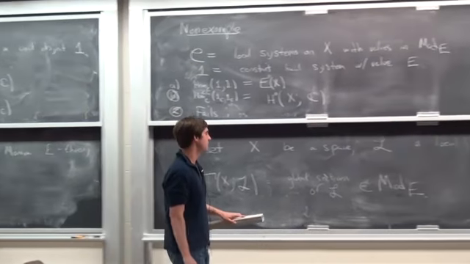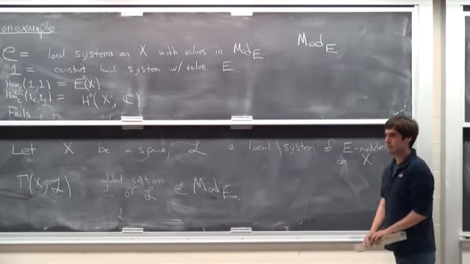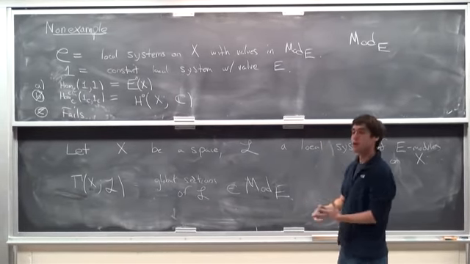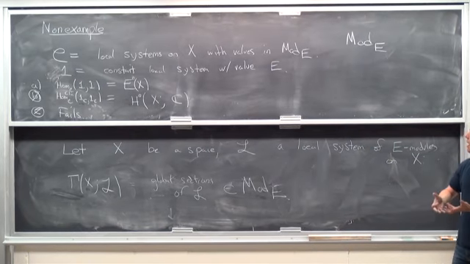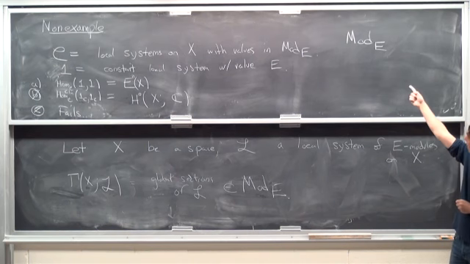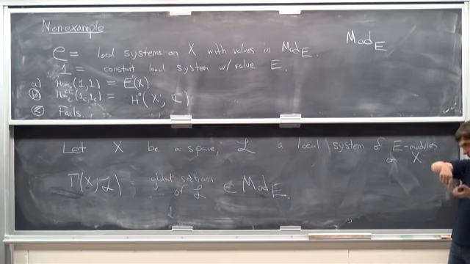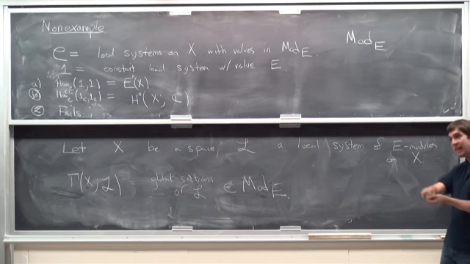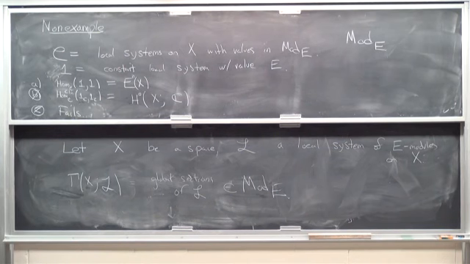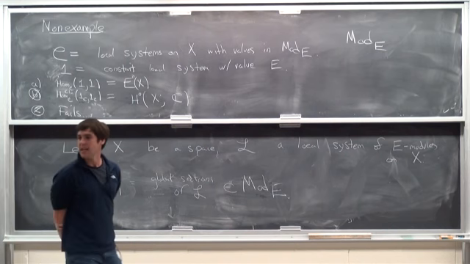A local system of E modules means, if I turn X into an infinity category, a functor from that infinity category into mod E. So for every point of X, you supply an object of mod E. For every path in X, you supply an isomorphism between the corresponding objects in mod E. For every 2-simplex, you supply what? An E module. And what is that? What kind of abelian group is that? It's a spectrum with an action of E, an E module spectrum.